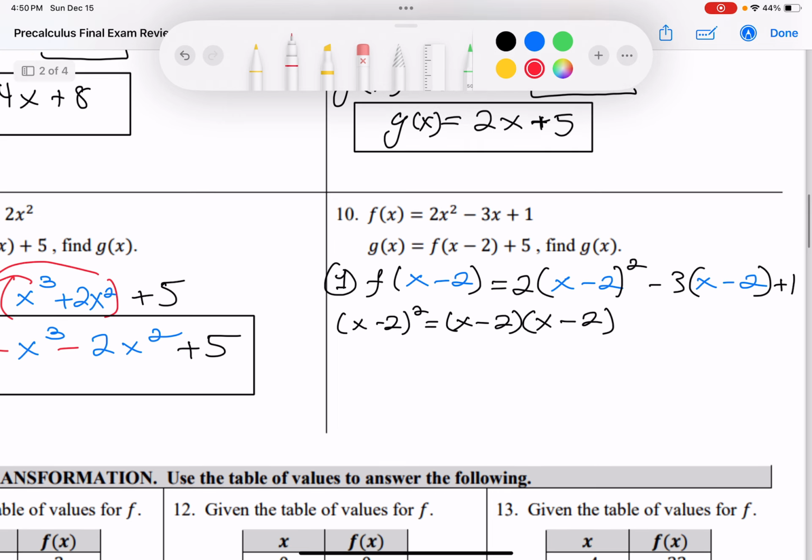And when you work that out, that is x squared minus 2x minus 2x plus 4. Combine like terms, that's x squared minus 4x plus 4.